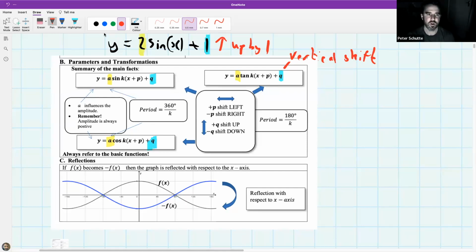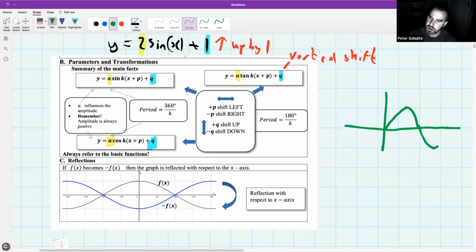But if we imagine, maybe I'll do a little scribble just to explain. If you think about a basic sine graph, it normally goes up, down, down, up. And the highest value it gets to is 1, and the lowest value it gets to is -1.